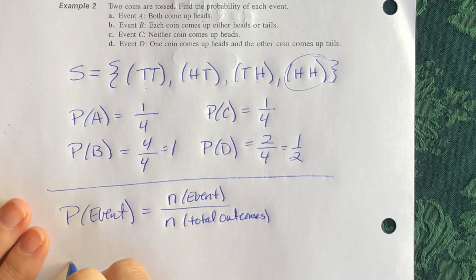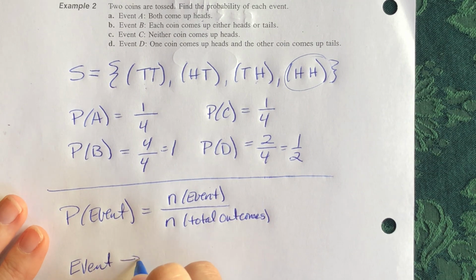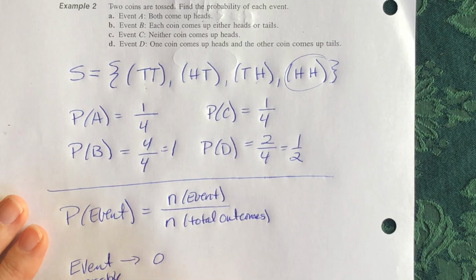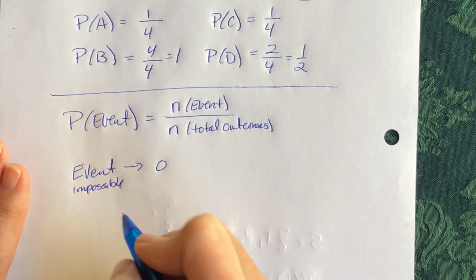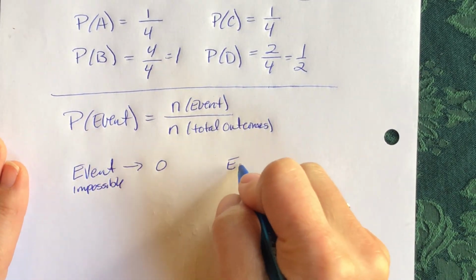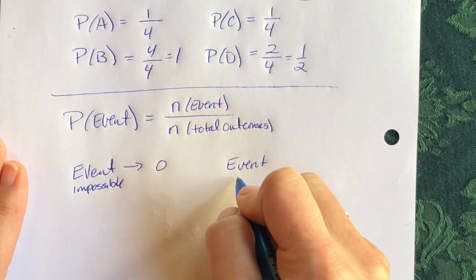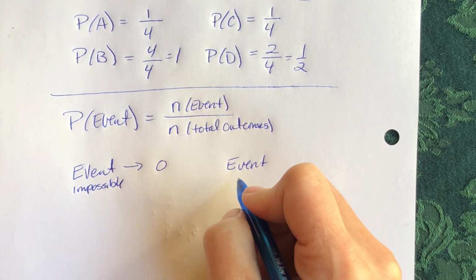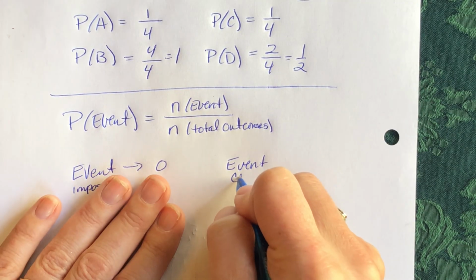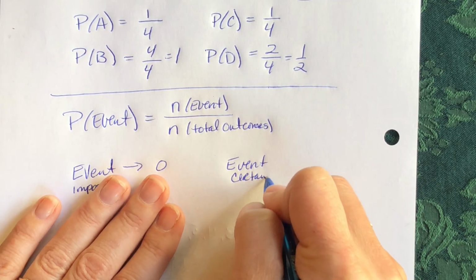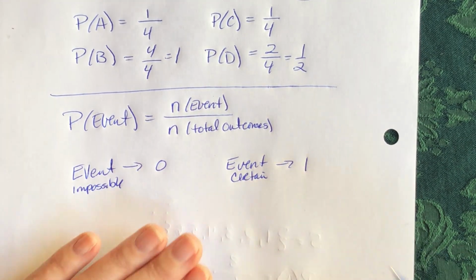If the event is impossible, then you're going to have a 0 for a probability. And if the event is going to definitely happen, let's say the event is certain, then the probability is going to be 1.